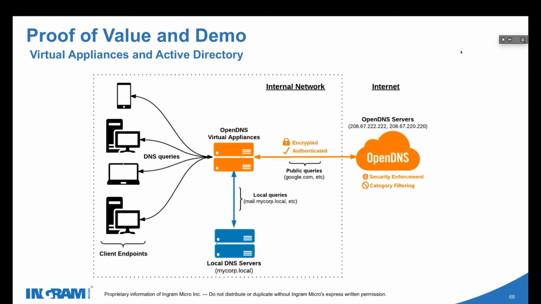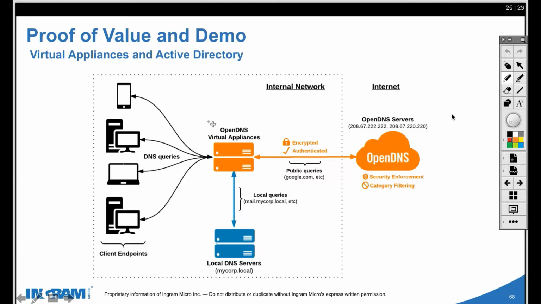Here's a typical setup of how it will work. So you have the local PCs or laptops or mobile devices that would normally send their DNS requests to the local DNS server.